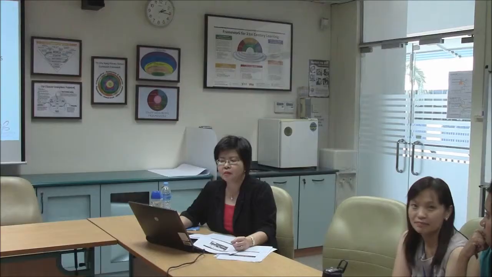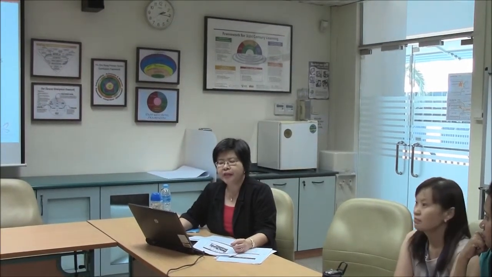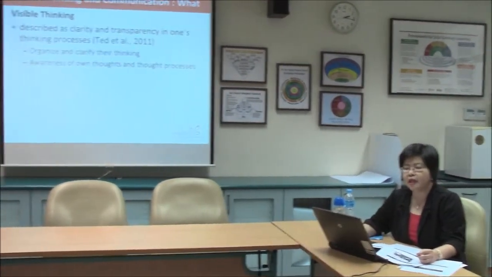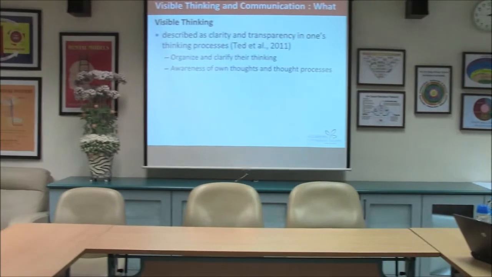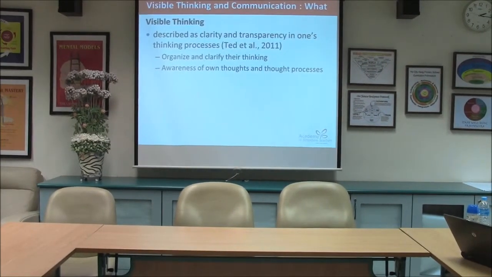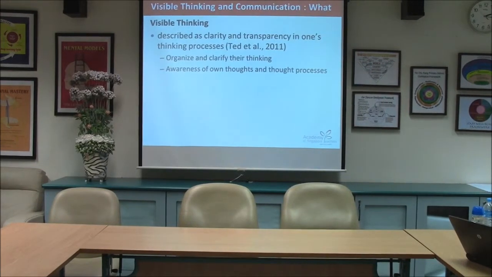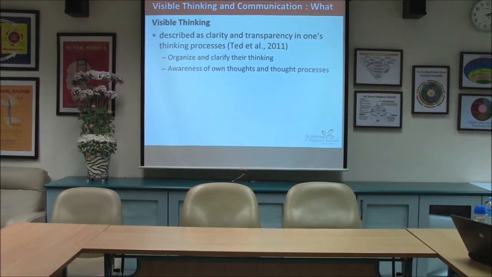For a start, I would like to anchor the definition of visible thinking by Ted. According to Ted and his group, visible thinking is the clarity and transparency in one's thinking processes. This means that children are able to organize and clarify their thinking.